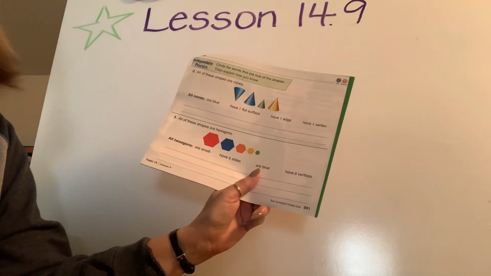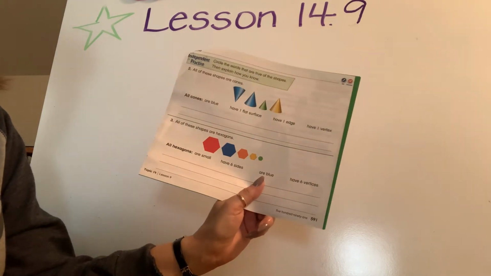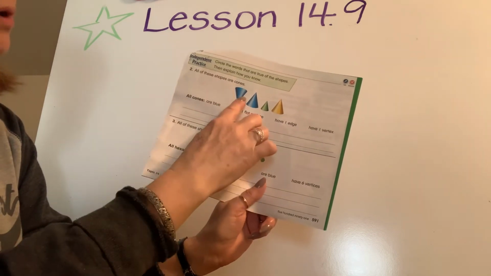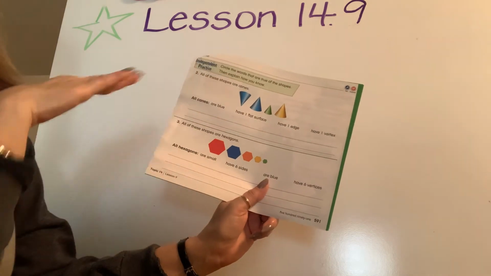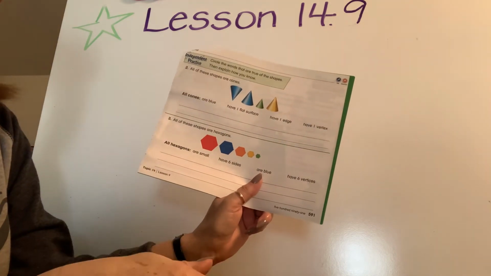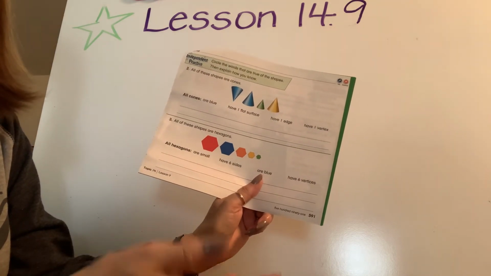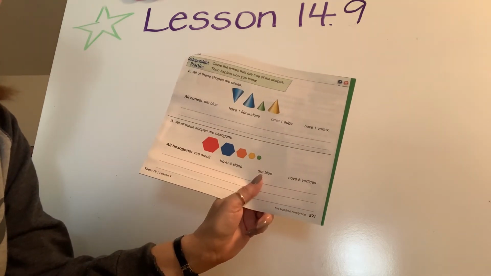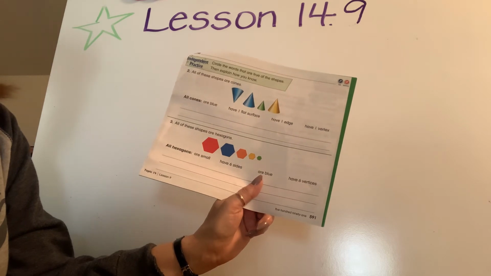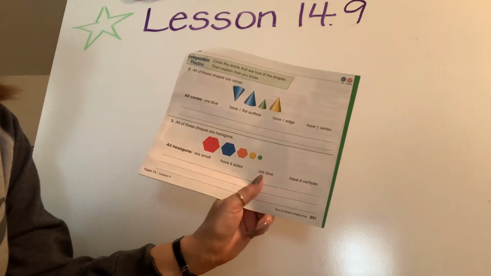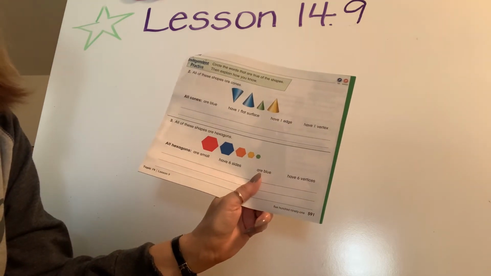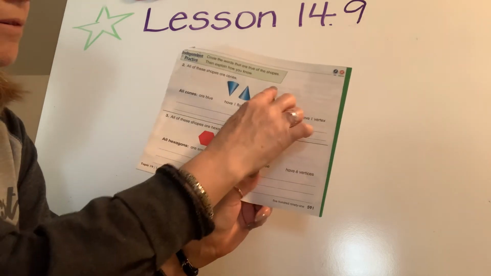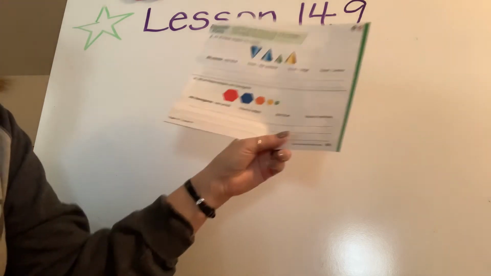Do all cones have one flat surface? Absolutely. The bottom, or on this one, the top is flat. And what shape is that flat surface? It is in the shape of a circle. They have one edge. No, no edges. And what about one vertex or vertice? Vertex. Correct. The point is the one vertex.